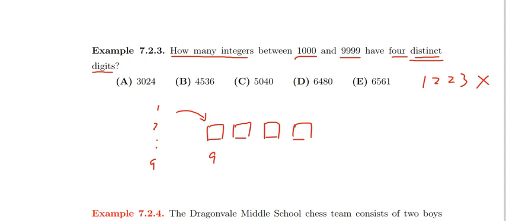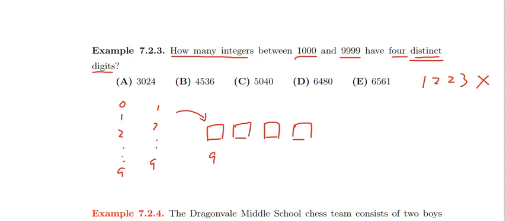So the second one. The first one cannot be 0, but the second one can be 0. So the second one can be 0, 1, 2, 3, up to 9. We have 10 choices, right?